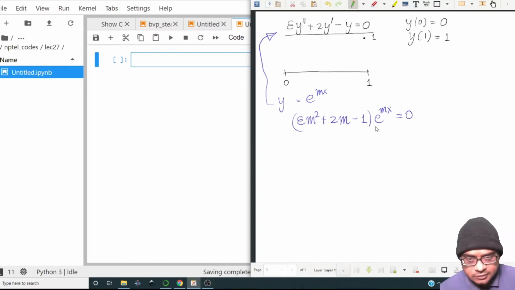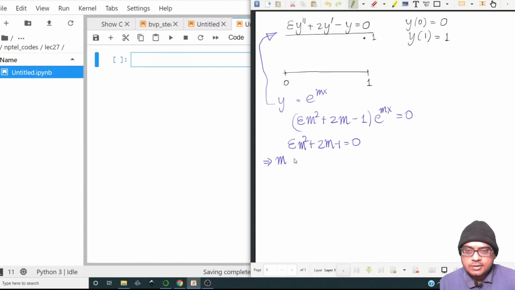And now if this is equal to 0, then epsilon m square plus 2m minus 1 equal to 0, which implies that m equal to minus 2 plus minus under root 4 plus 4 epsilon, by 2 epsilon.